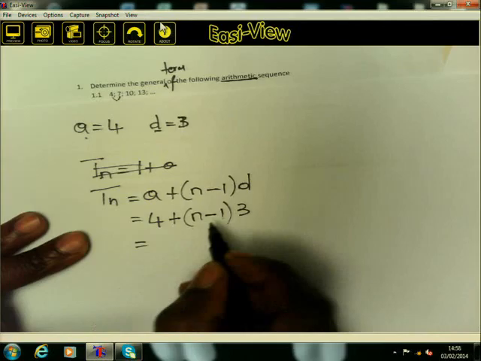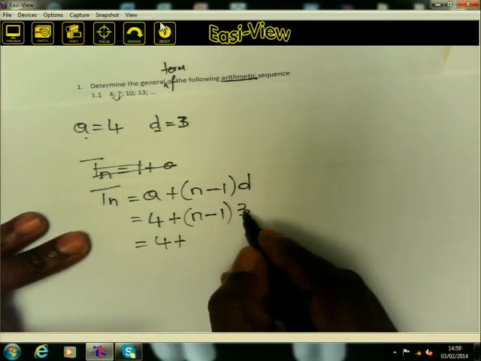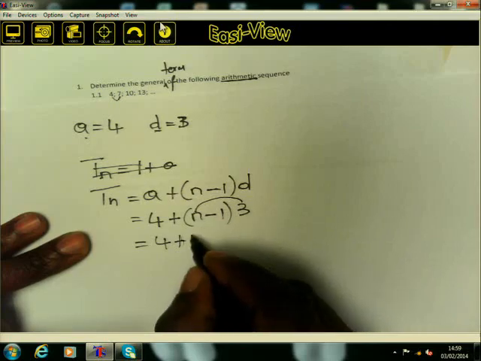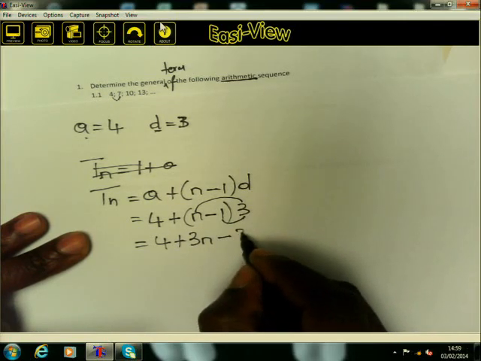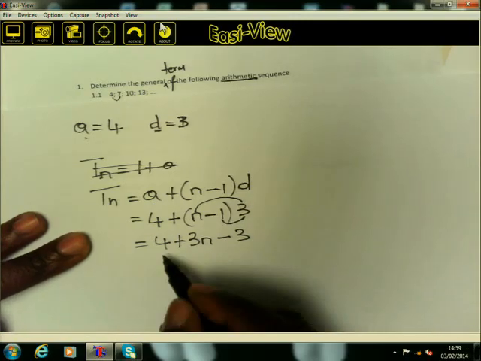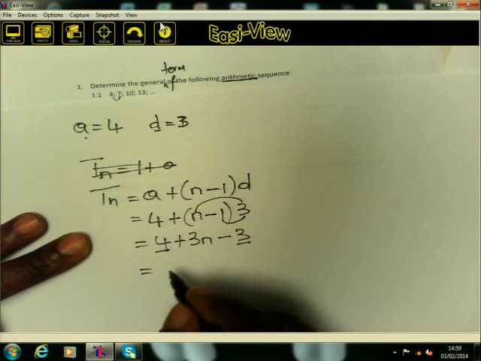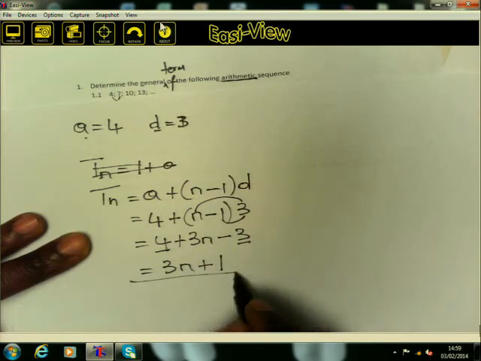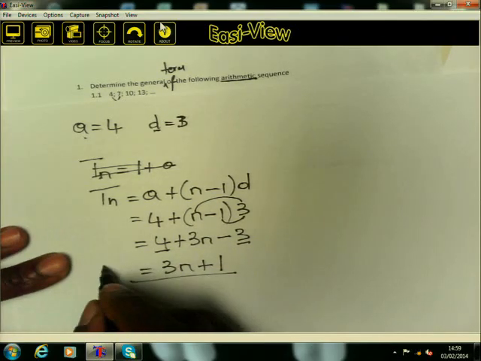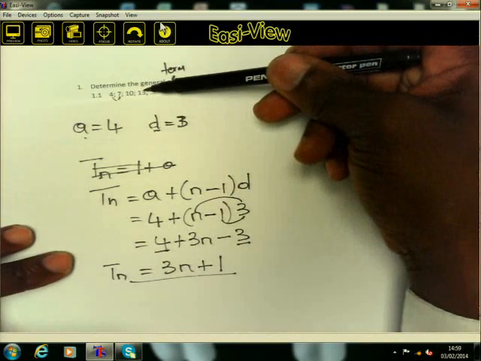Then we multiply into the bracket. This is 4 plus, we multiply that one there, it gives us 3n. You multiply that one, gives us minus 3. So 4 minus 3 is positive 1, and we have 3n plus 1.